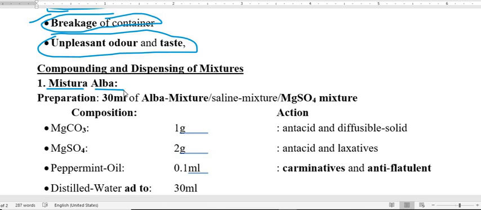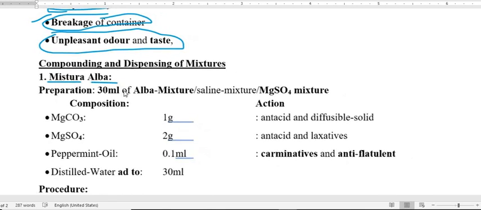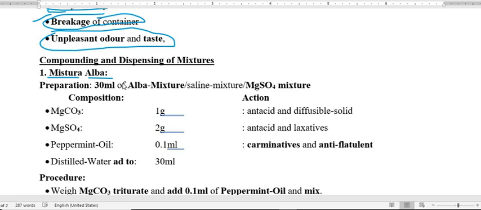So we are going to compound and dispense Mistura alba, and we are going to prepare 30 ml of it. That is why it is called alba, because it is white in color. And because it contains salt, it is called saline mixture.